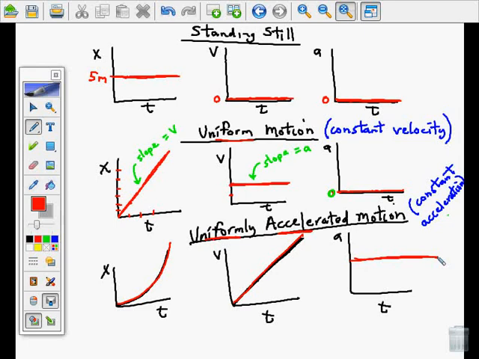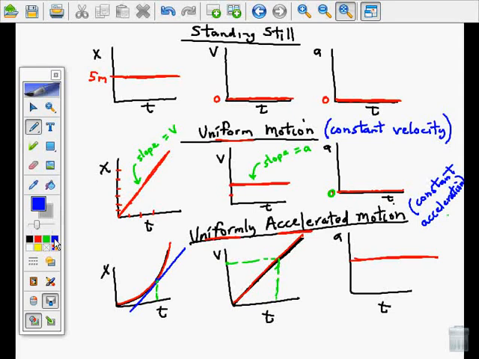Now, another thing you need to know is if you draw a tangent line on the displacement time graph, a tangent line just skims the curve at one point. If you find the slope of that tangent line at that particular time, right here, that will tell you how fast the object is going right there. That would tell you the value of the velocity right there.